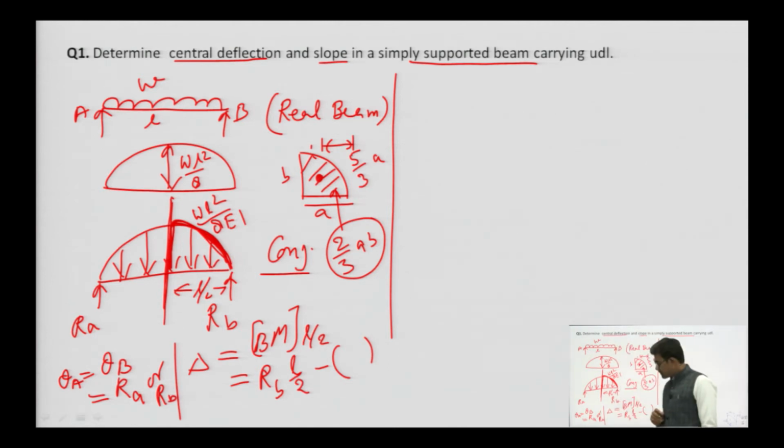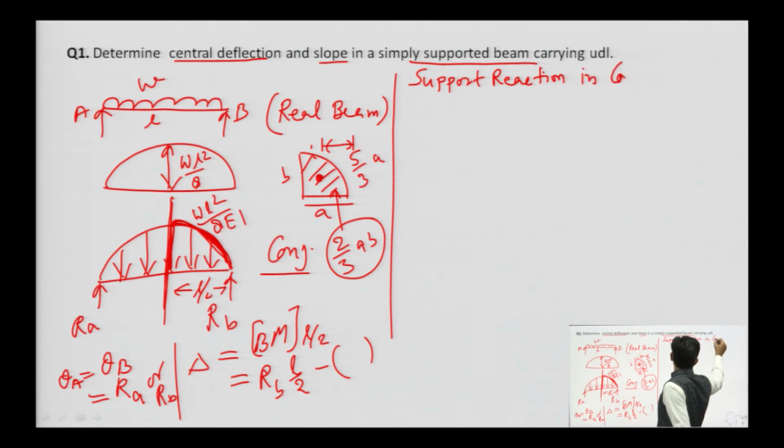Okay, so next thing, we need to find first of all the reaction. We need to find the reaction in the conjugate beam. So let us calculate support reactions in the conjugate beam.